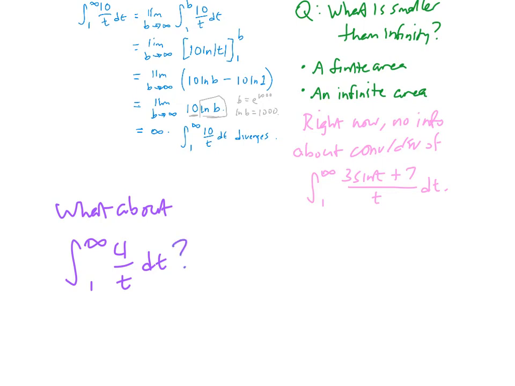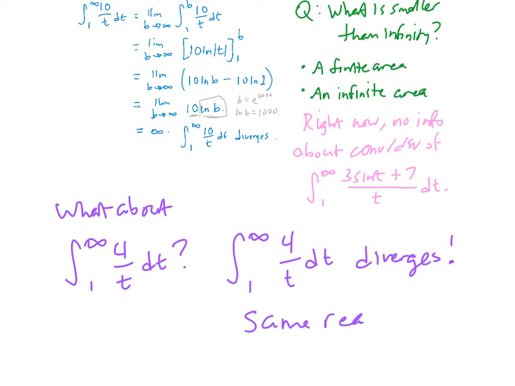Well, the integral of this, and I'm going to leave this as work for you to do, but I'm going to say this also diverges. And why does it diverge? The reason is really pretty much the same thing as what we did above. Same reason as above. It's just we're replacing that factor of 10 with a factor of 4.